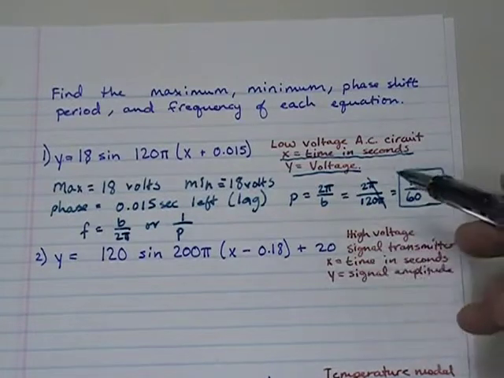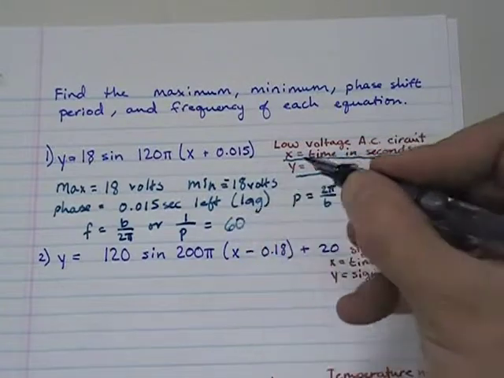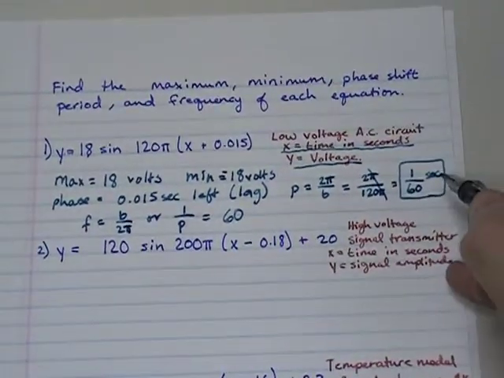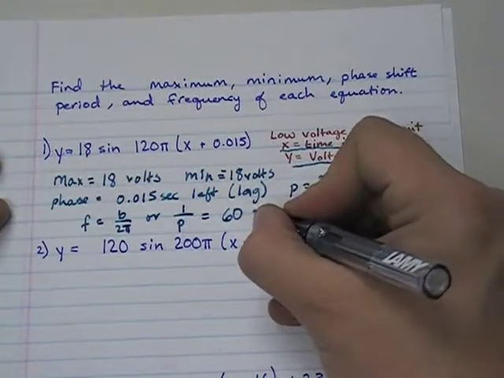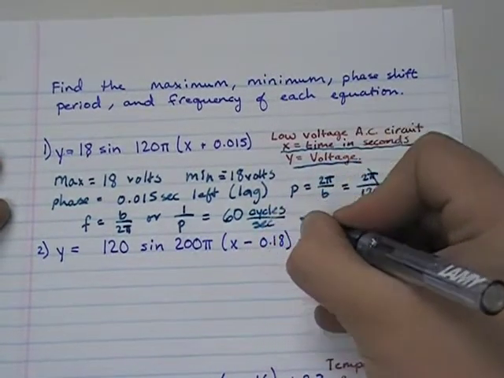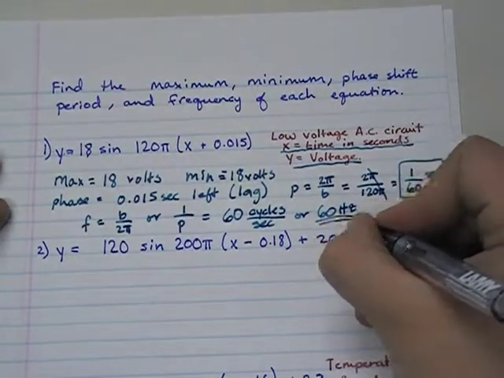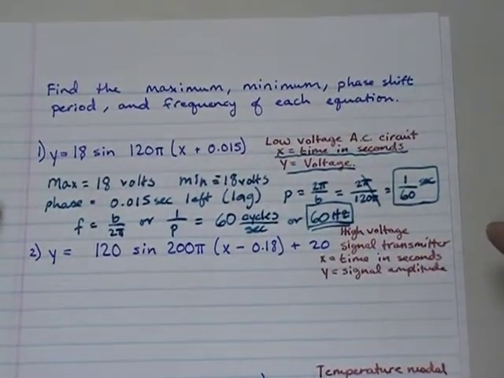It's just 60 over 1. And so the frequency of this particular function is 60 over 1. And since time is in seconds, frequency would be in cycles per second. So this would be 60 cycles per second, or 60 hertz, which is what most of you would be familiar with if this is a problem you would be doing.